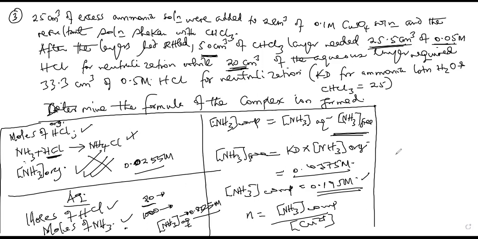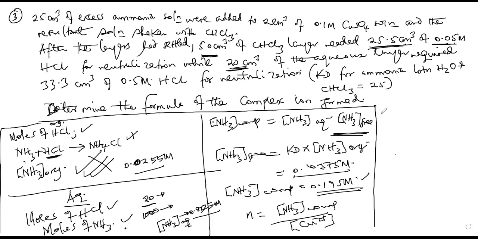Now what you do, you have to first get a concentration of copper in the aqueous. Remember they said that 25 cubic centimeters of excess ammonia were added to 25 cubic centimeters of 0.1 molar copper 2 sulfate, meaning that the total aqueous is having 50 of copper 2 ions.